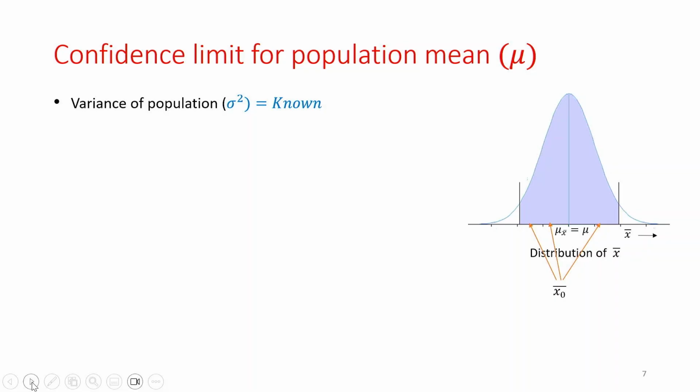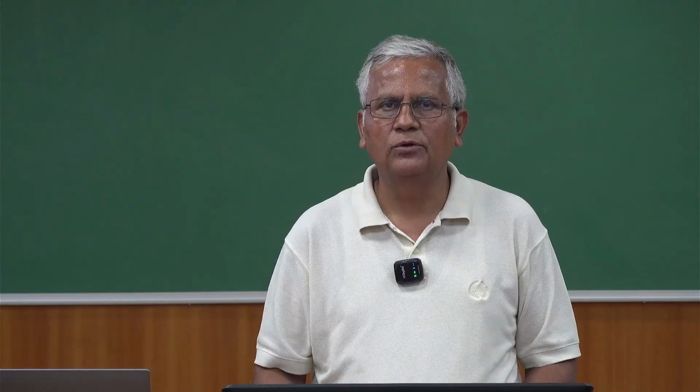Now the variance of population is known to us. Suppose that there is a population whose variability is somehow known to us because of our past experience. We know that typical variability in this particular process is somewhere in this range, or a typical value we know in advance.